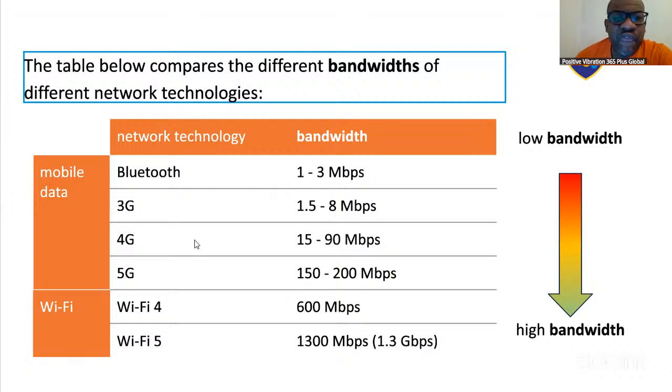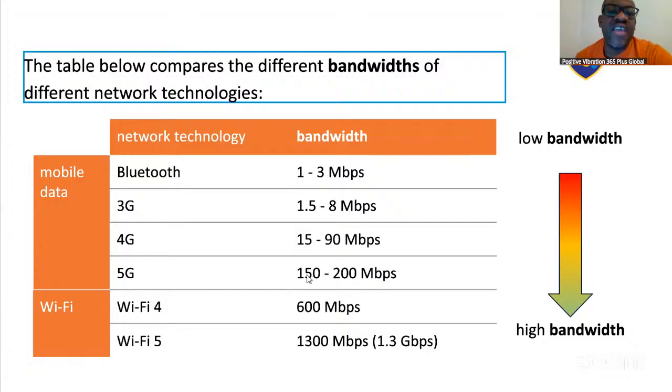If you go up to 4G, 4G can do 15 to 90 million bits per second, which is why if you are trying to watch a movie on this, it is going to load much faster than on this one.